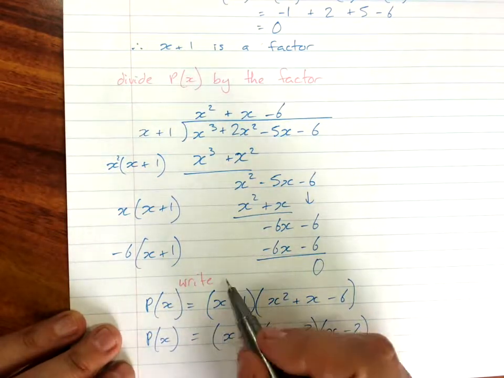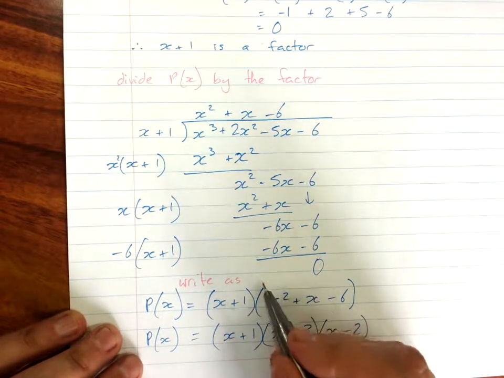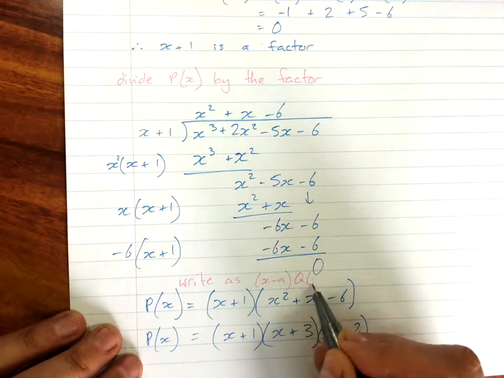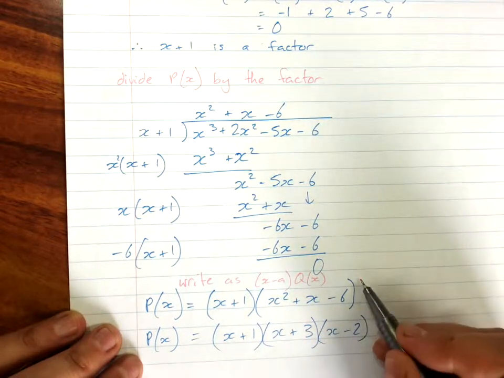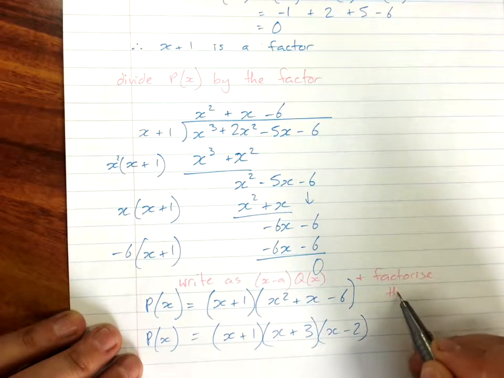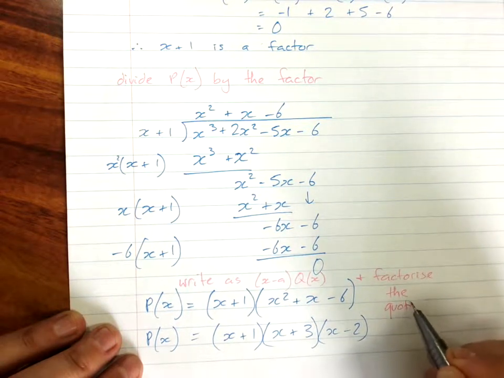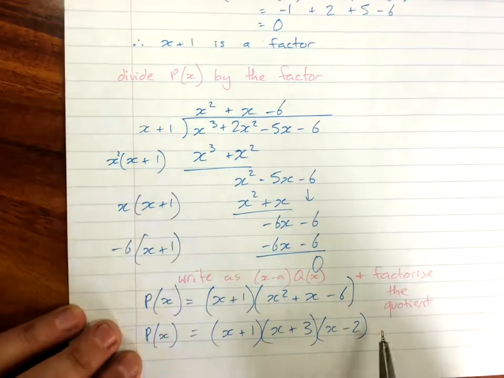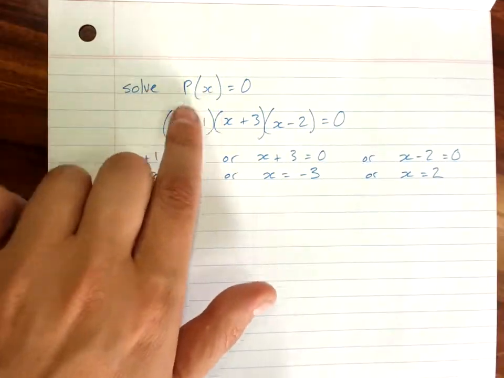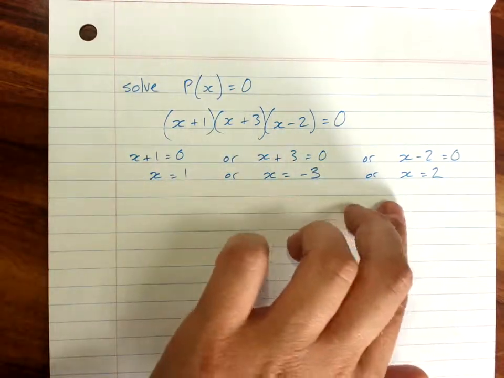Write it as x minus a times the quotient, and factorize the quotient. Then, if you're asked to solve, let that expression equal 0, and use your null factor law.